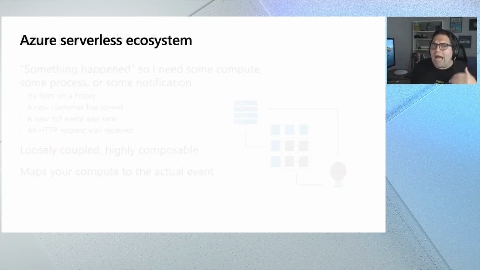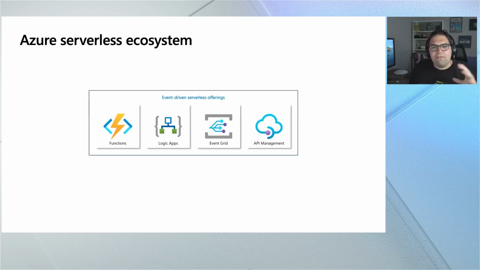So if we think about Azure specifically, there's a few key services that I want to highlight here for the rest of my presentation around these serverless event-driven applications. So I've mentioned one a few times already, that's Azure Functions. This provides event-driven code that you could write in C#, Python, Java, JavaScript, really any language.